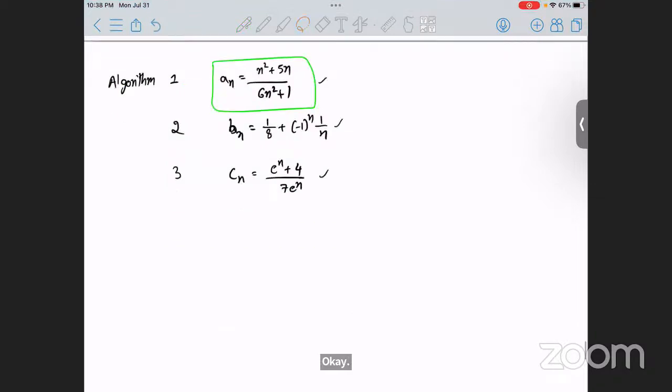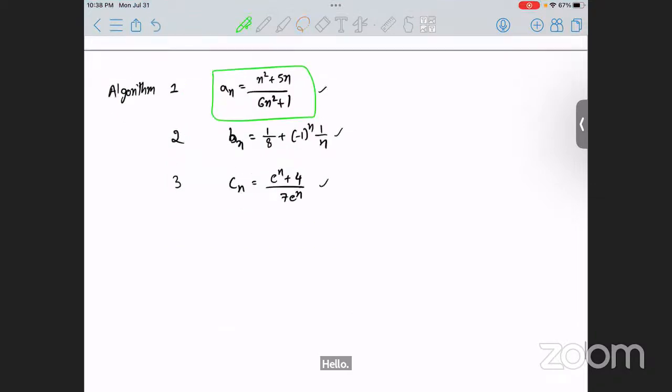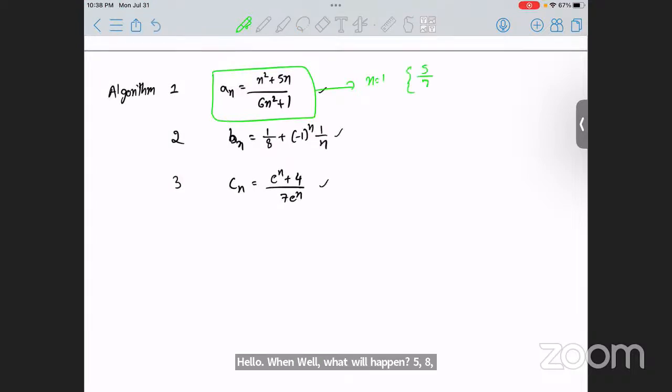When n equal to 1, what will happen? 6 by 7. Agree? When n equal to 2, then 14 by 25. You will get something like this.